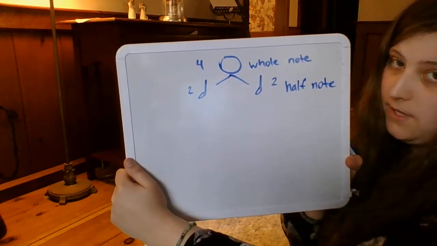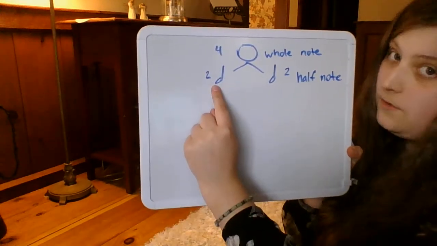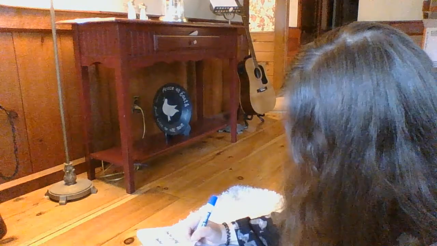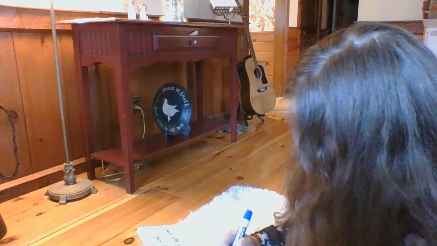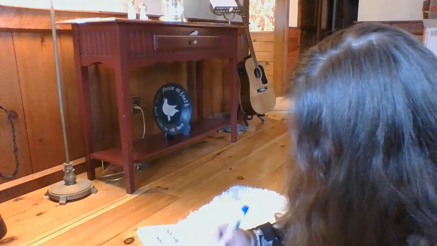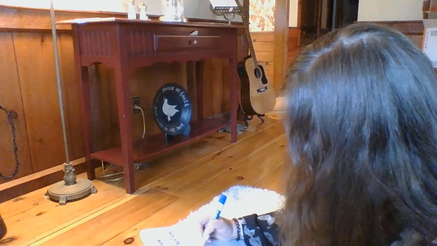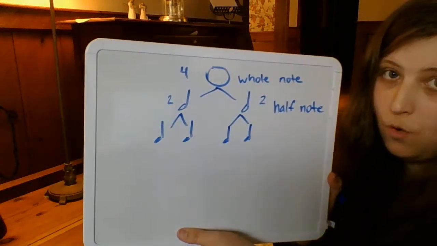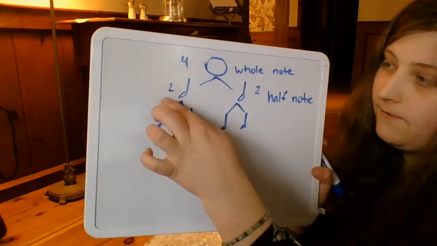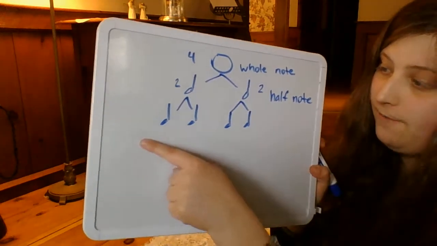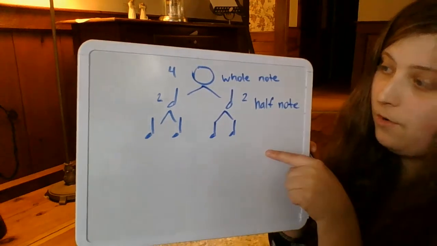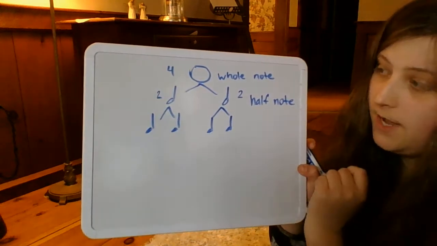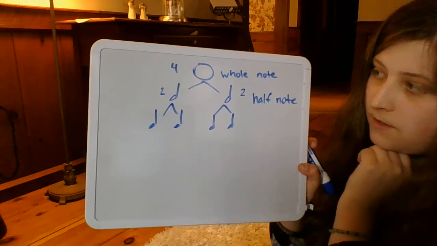Now we are going to split our half notes in half. One half note is made up of 2 quarter notes. So here I've got my 2 half notes, so that way you can see I have 4 quarter notes up here. Each one of these quarter notes gets how many beats do you think?